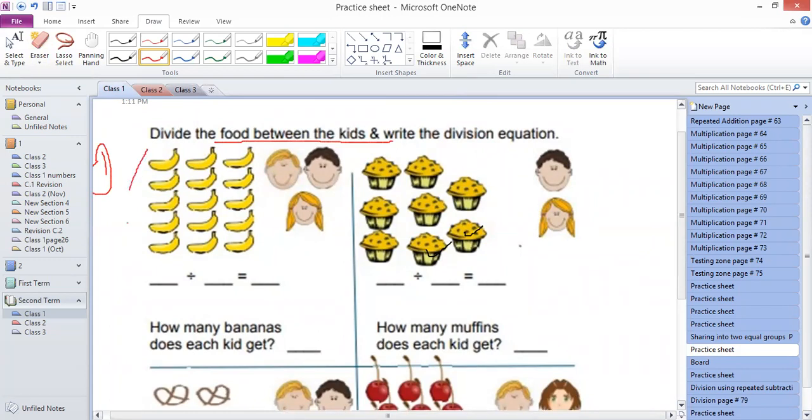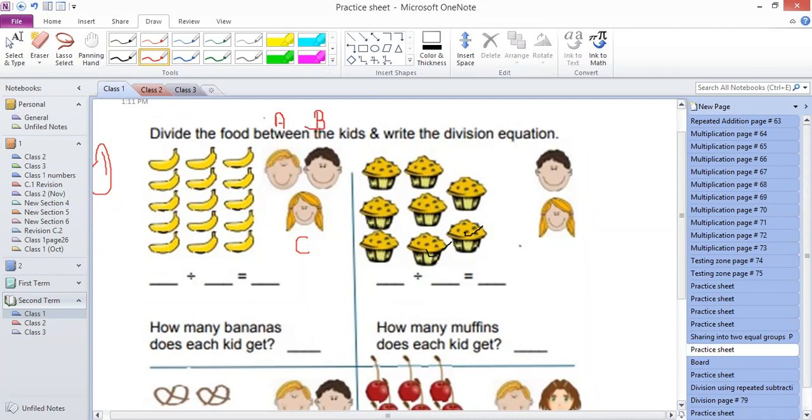So first you will have to divide the bananas. Divide these bananas equally to boy 1, boy 2 and a girl. Okay. I am giving them the names A, B and C. So I have to distribute bananas among A, B and C. We have to distribute it into 3 kids.